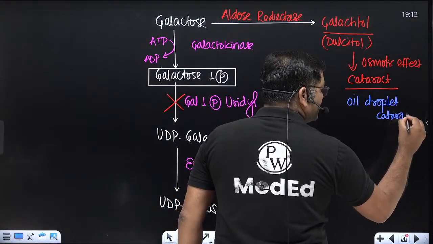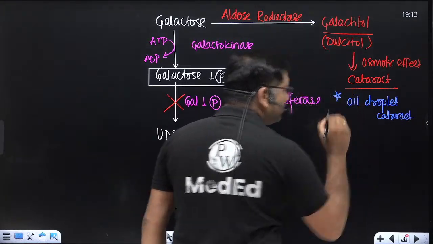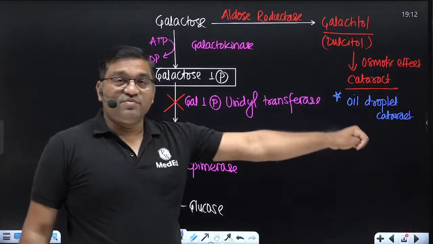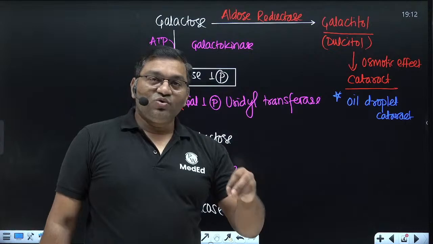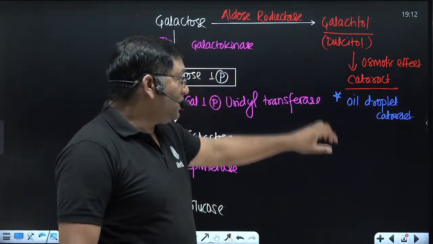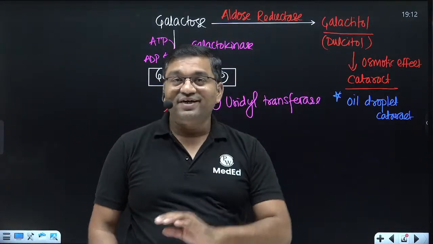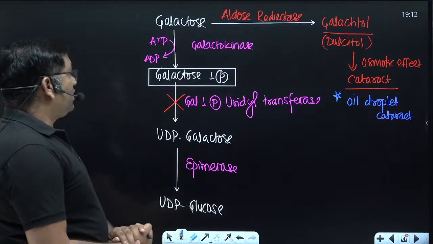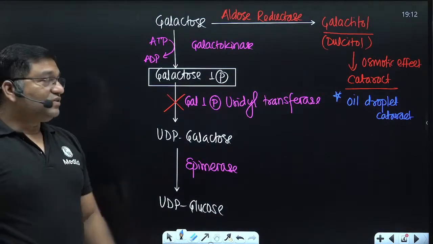This is known as oil droplet cataract, and this is an important MCQ for the NEET PG entrance examination. It can also be an MCQ in the first professional examination, and also a viva question: why is there congenital cataract in galactosemia? Now what are the other features in galactosemia?